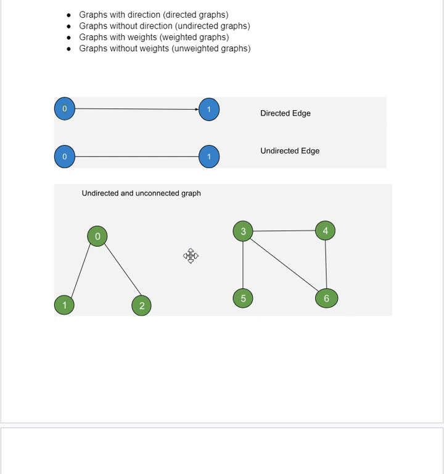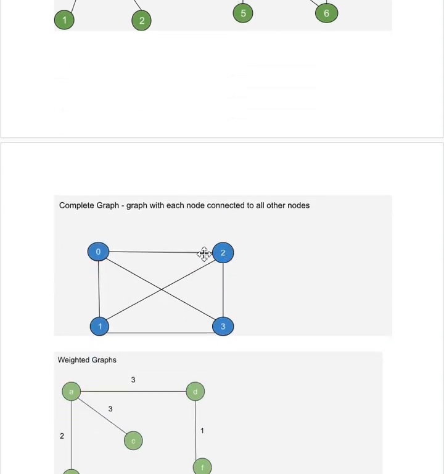So this is an undirected, unconnected graph because there is no direction. This image of a graph is called a complete graph. Why? Because each node is connected to every other node.